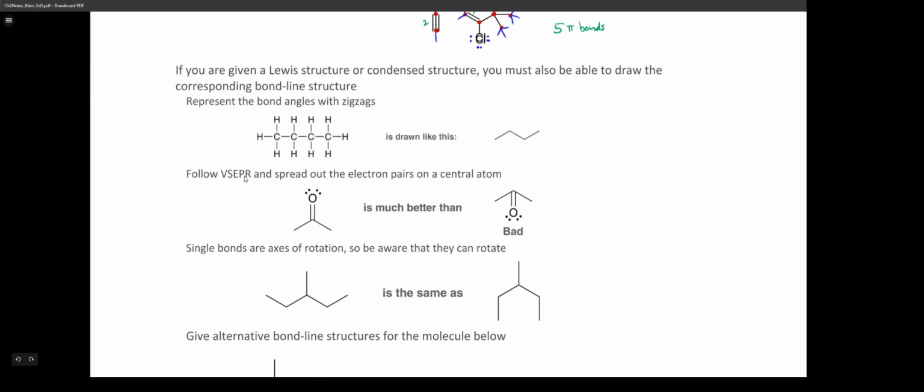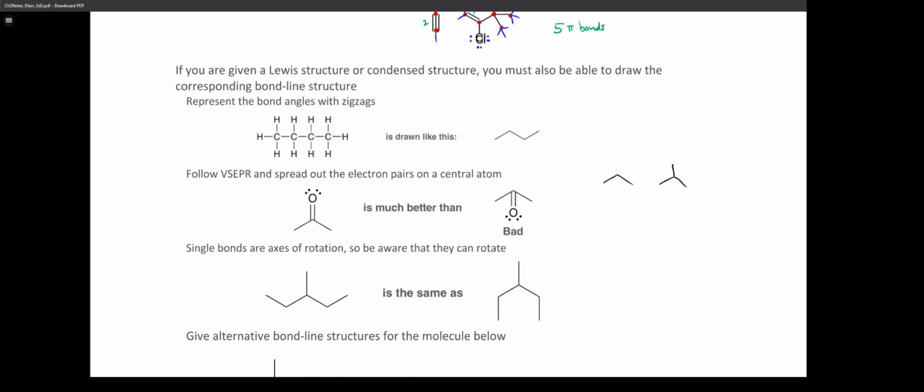The other thing is, please, this is what makes me cry when I look at structures. Follow VSEPR. VSEPR says you want to spread out the electron pairs, right? So this is much better looking than this. This is really ugly, okay? Because look at this whole big space up here that was just left totally blank. Whenever there's 2 groups, that's good. Whenever there's 3 groups, try to draw them kind of like that Mercedes-Benz symbol, regardless of what the angle is.